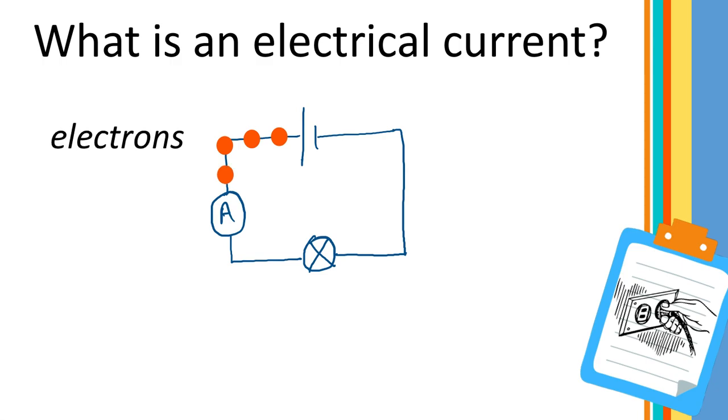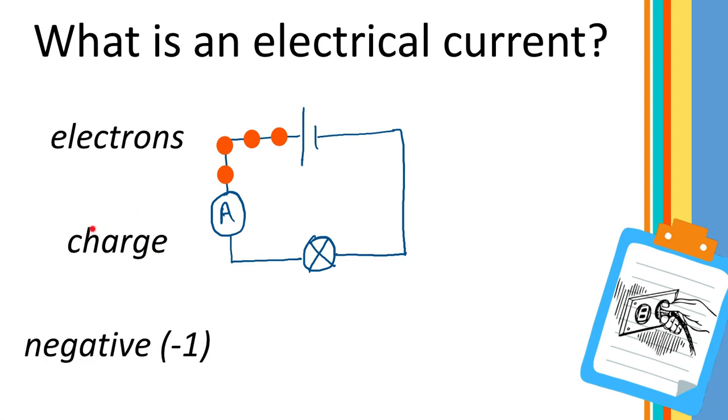But rather than water particles flowing through a pipe or through a mill, we would call them electrons, and they move around the circuit. An electron is a type of charge, and just like when we use the word charge to charge our phone, what we're doing is we're putting electrons into our phone, which then enables it to work as normal. There are three options when talking about charge.